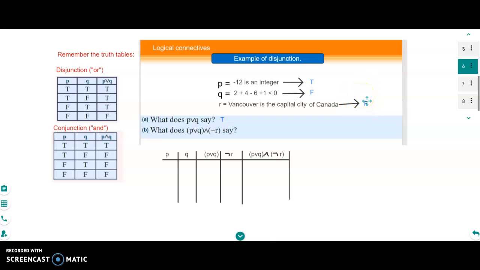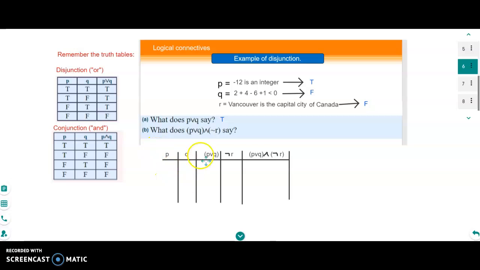So we already found P or Q. Because it's the word or, it's represented by V, the letter V. If P is true and Q is false, true or false will be true. So the first truth value is true.